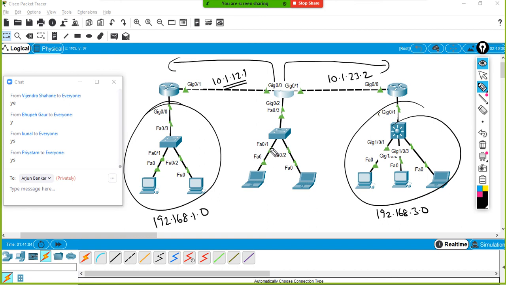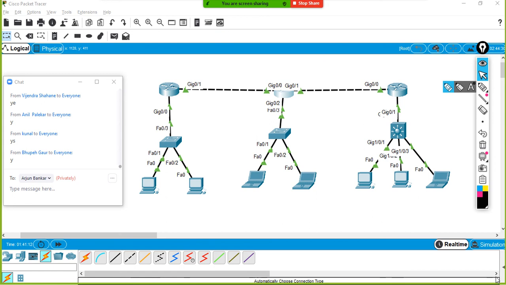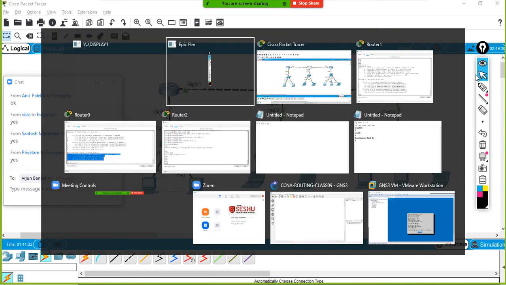Right or wrong? Everyone agree? So can we go and write it? Let's go and do it. We are going to spend some more time. Is it fine for you, everyone? Good, let's go and do it now.